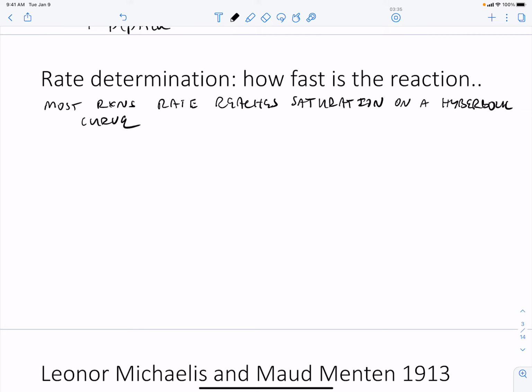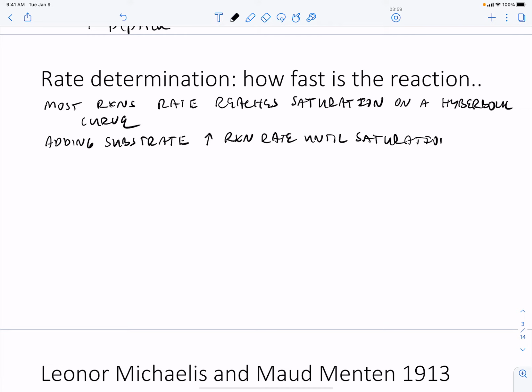And so in general, addition of substrate will increase the reaction rate until there is saturation. And at the period of saturation, of course, when you add more substrate, you're not going to increase the rate of the reaction.